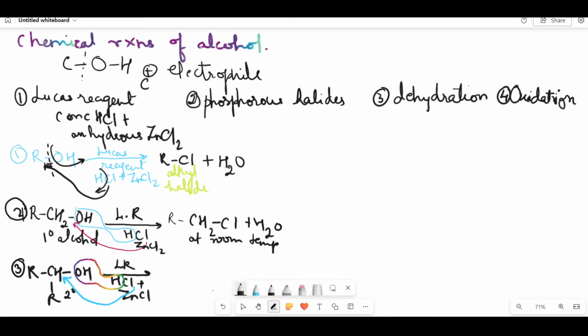So what we obtain is RCl plus H2O. This reaction takes place in 5 to 10 minutes, and how we come to know that this reaction has taken place is by its turbidity. It will show turbidity on reaction.